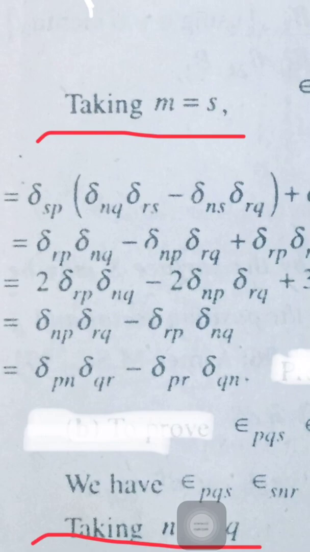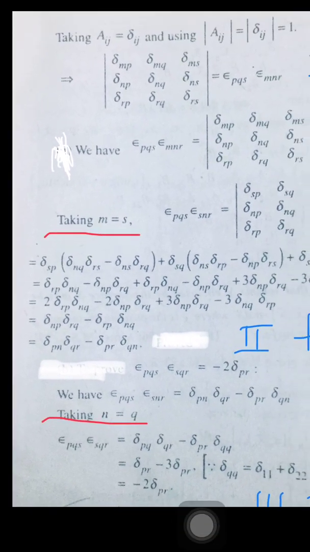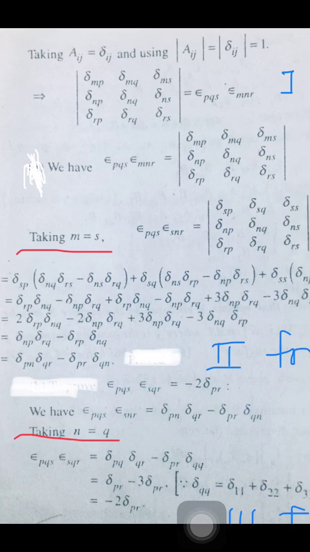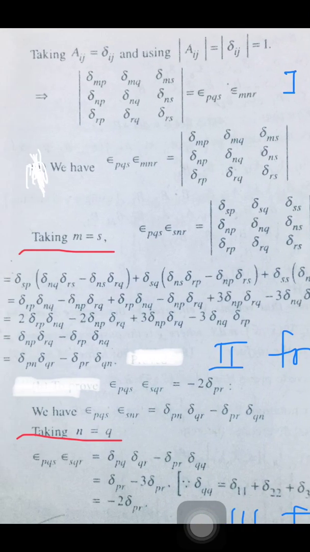This is when one index M is taken equal to S, or in terms of outer and inner product, we may say contraction exists for M and S. So this is the second form of the Kronecker delta, or exactly this is the epsilon delta identity in which one index is the same in the two permutation symbols. Okay, the second form is exactly the epsilon delta identity.